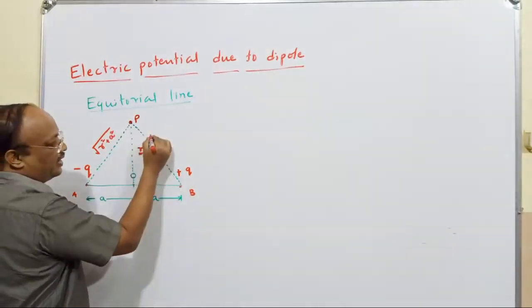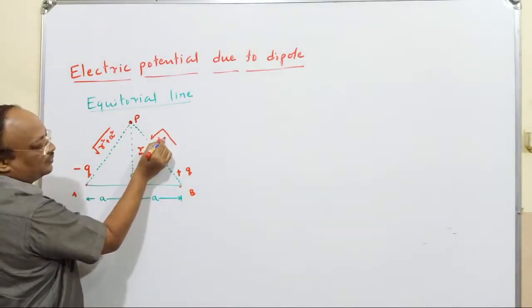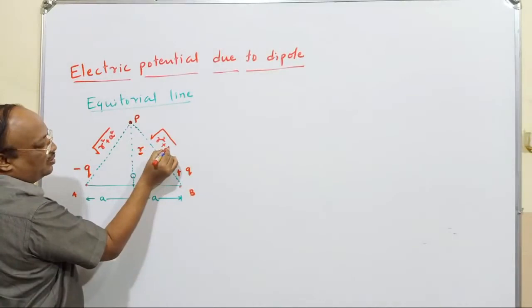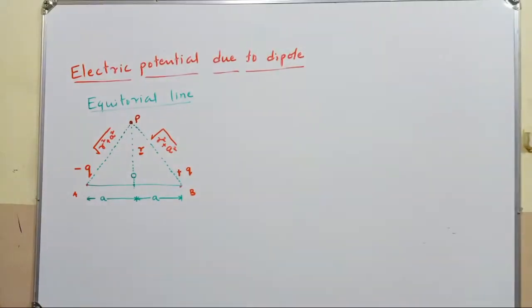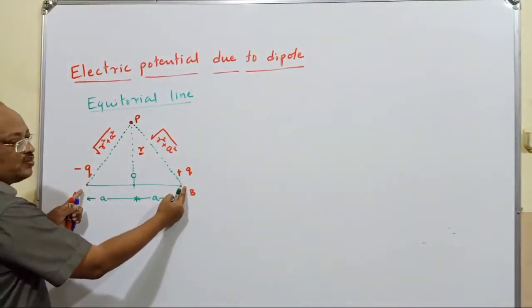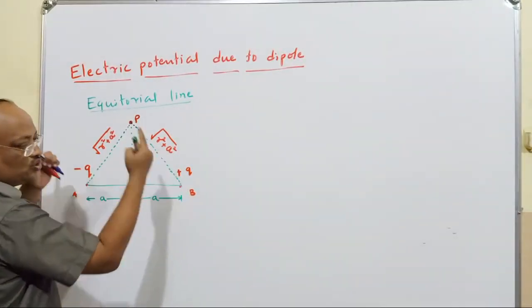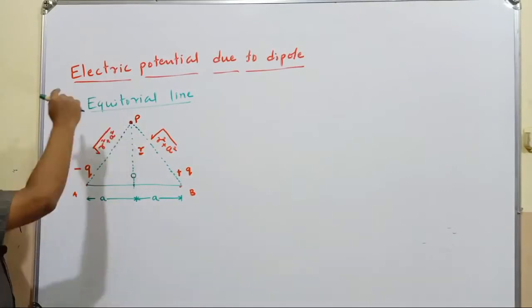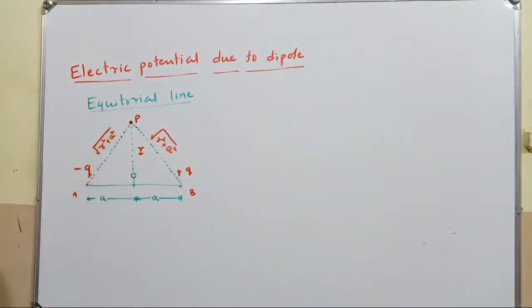Similarly, here also it is the square root of r square plus a square. So it is a system consisting of two charges, and we want to find the potential at point P.